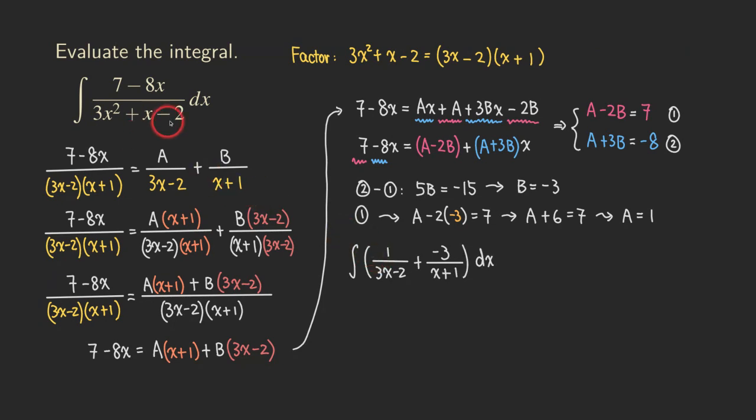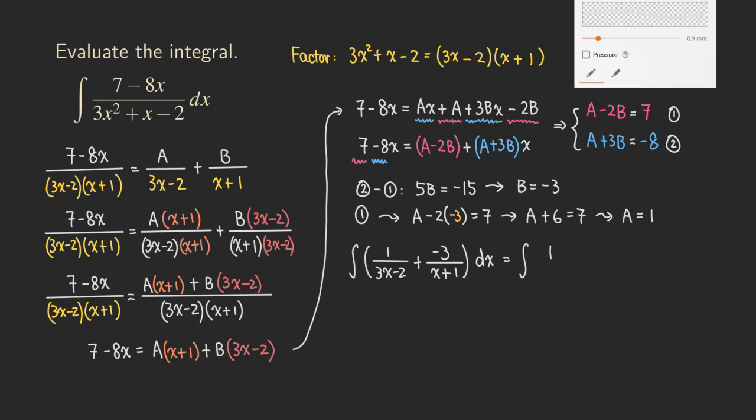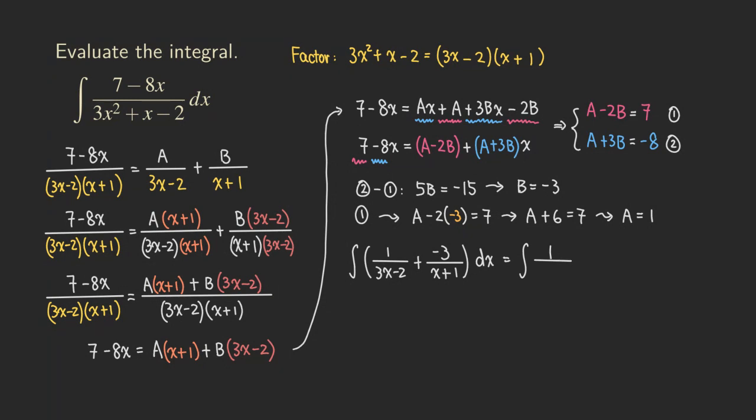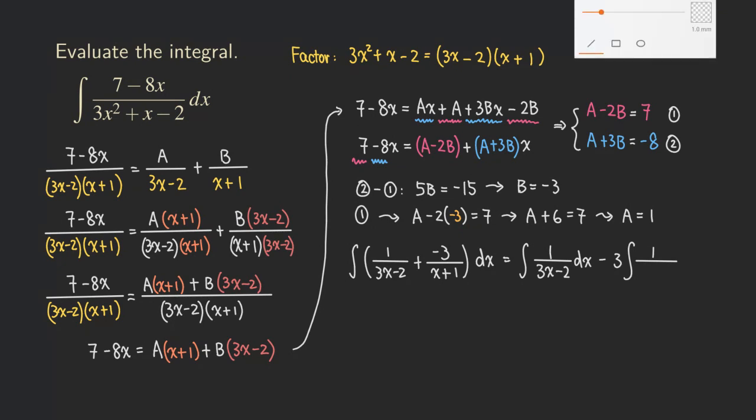So see that if we are to integrate the original function, then we actually can integrate the sum of those two fractions, which are here. And now you know that there are two terms, right? We can actually break the integral into two. So we get the integral of 1 over 3x minus 2 dx, and then minus 3 times the integral of 1 over, because I factor out the negative 3 on the outside, right?